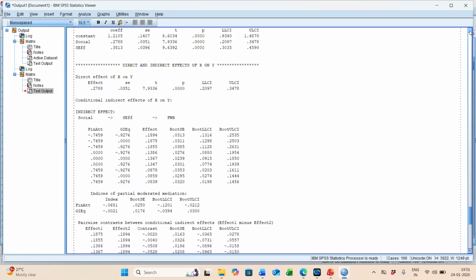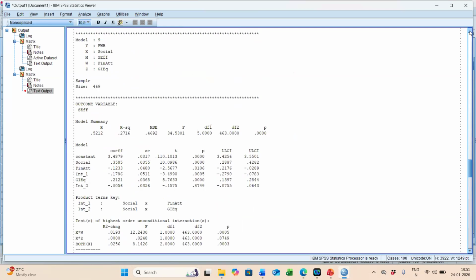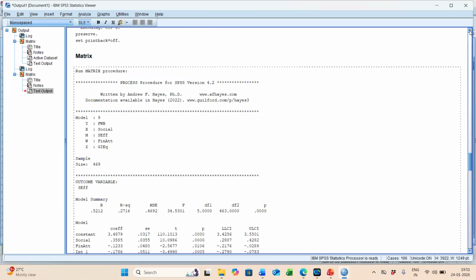In model number 9, when we are adding more and more moderators, the analysis becomes more and more complicated. But it is very easy for me to explain everything.